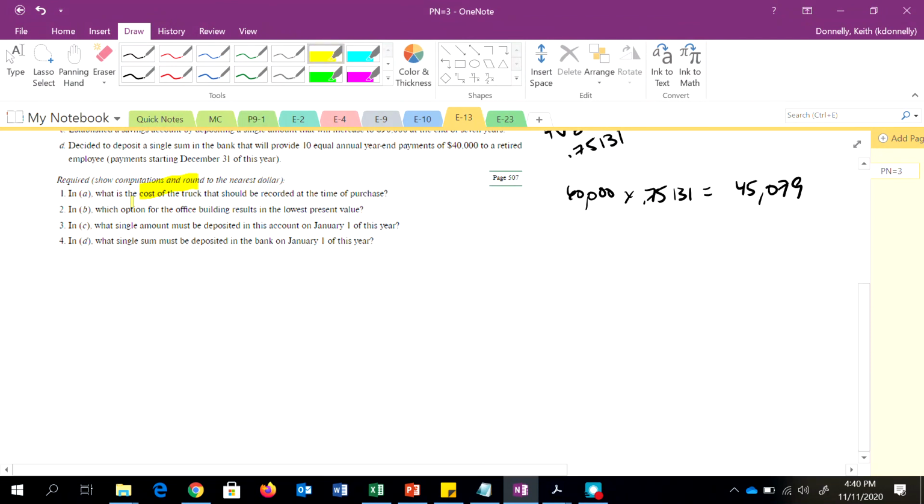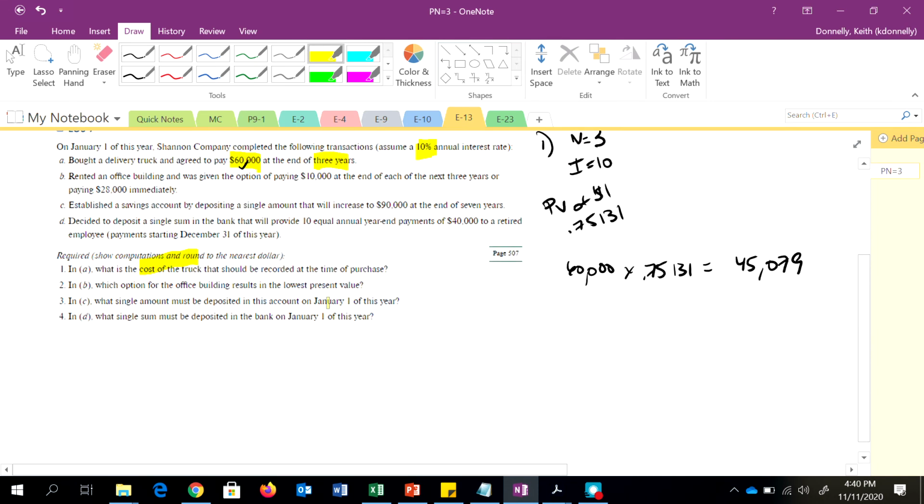2, it says in B, which option for the office building results in the lowest present value? So essentially here for B, we rented an office building. We were given the option. We can pay $10,000 at the end of the year for the next 3 years, or $28,000. So we got 2 options, 28 or an annuity.